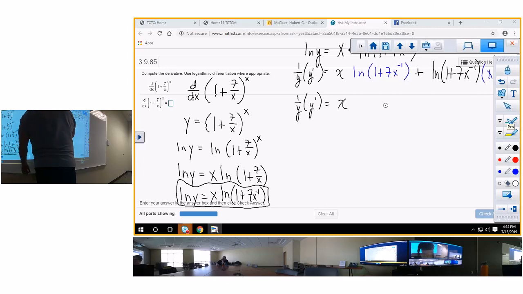I think I'm going to get some posters. Getting tired of switching colors. That's going to be negative 7x to the negative 2, right?